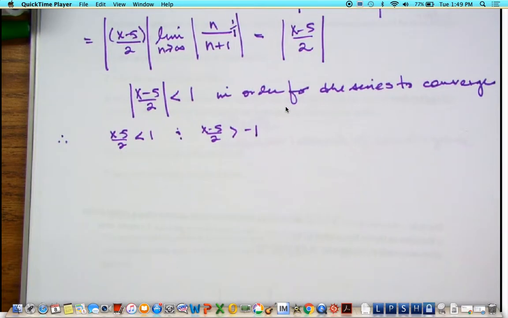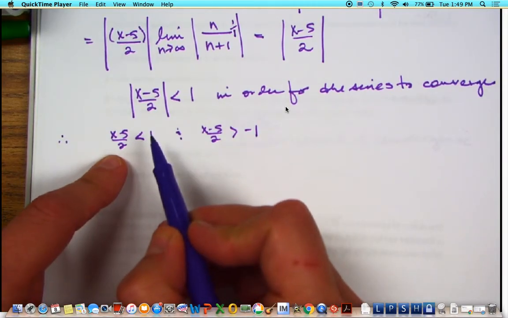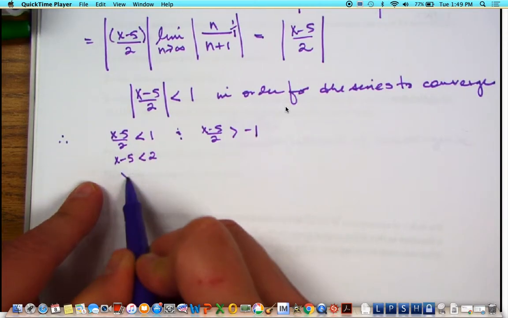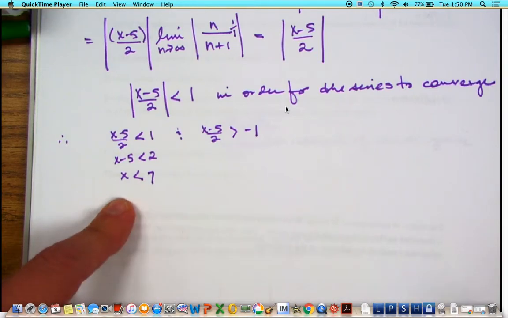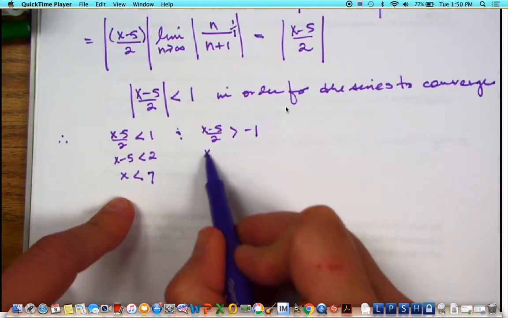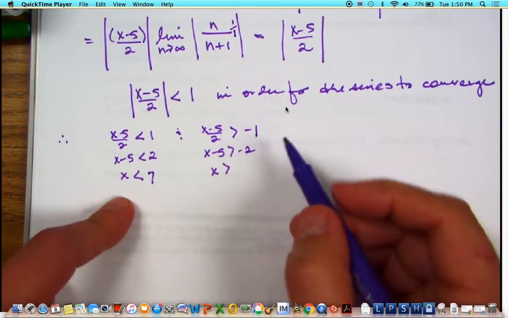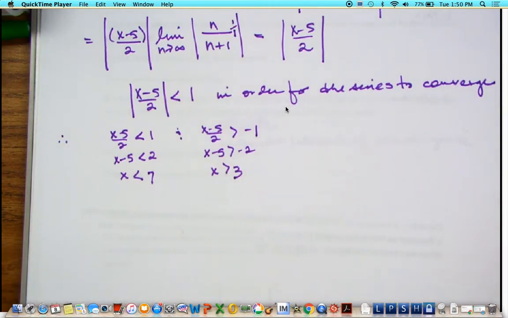That's how you solve an absolute value inequality. So multiply both sides by 2, add 5. So x has to be less than 7, and x has to be greater than 3.